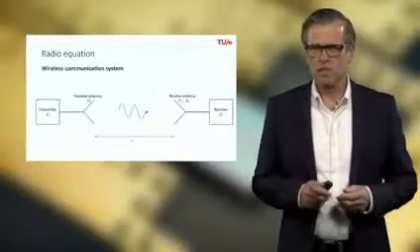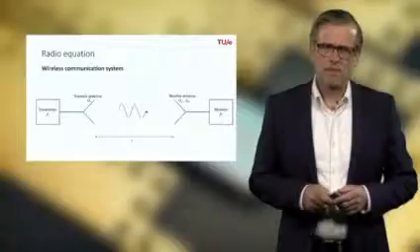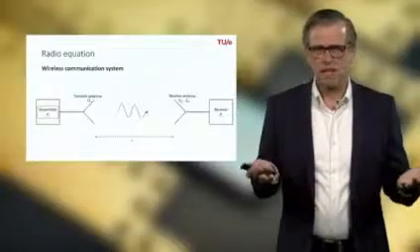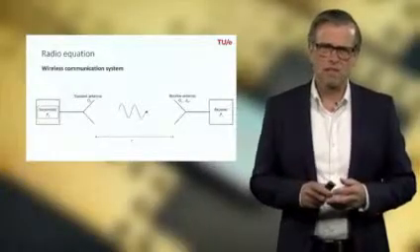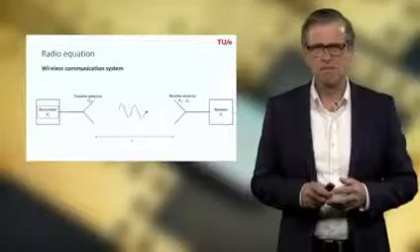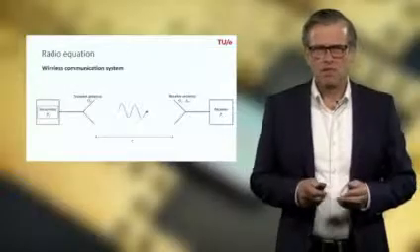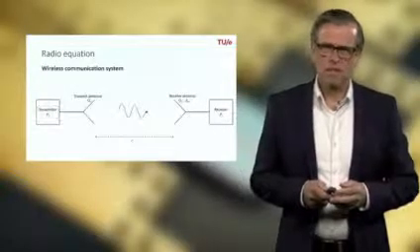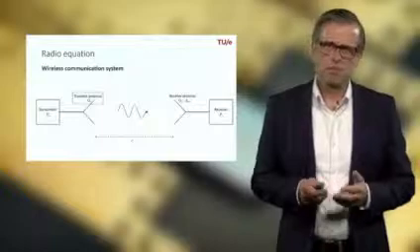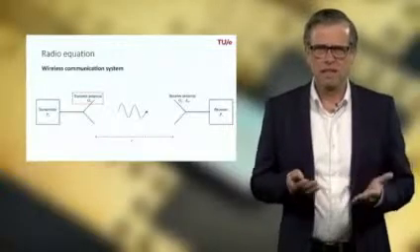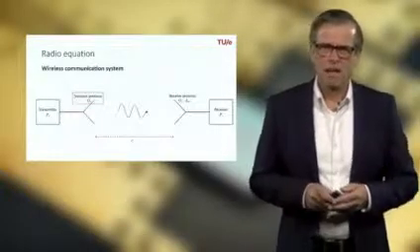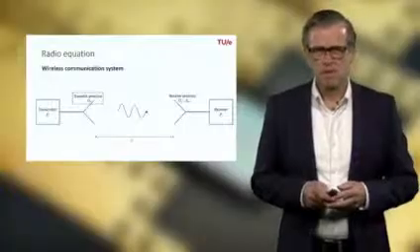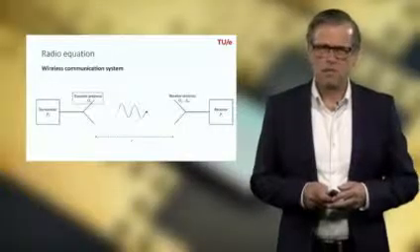It's illustrated here. We have a transmitter, that's general electronics, a power amplifier, generating a power PT. This power is transferred to a transmit antenna, which has a gain GT, and transmits the electromagnetic energy into free space.